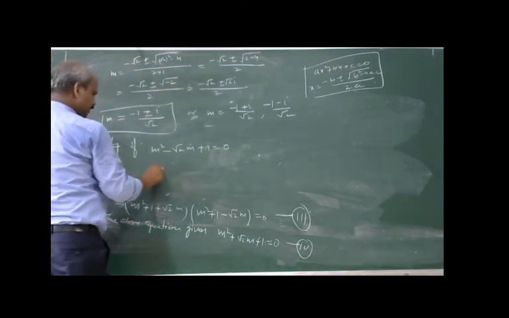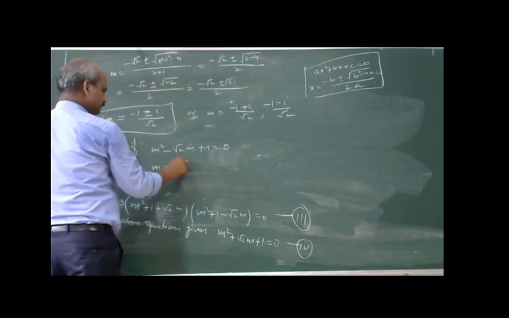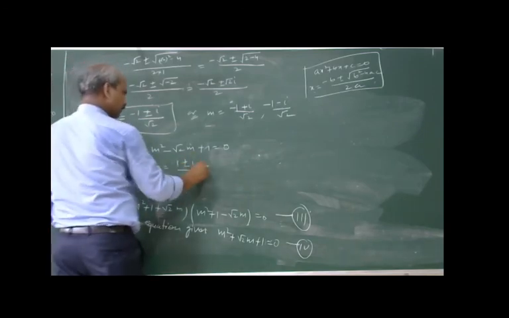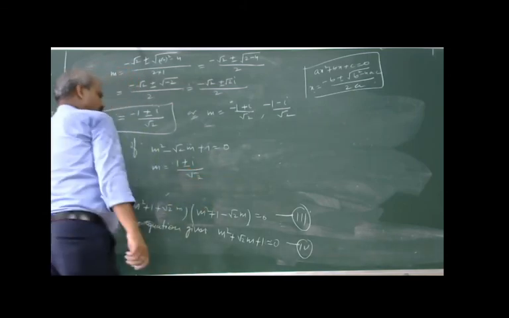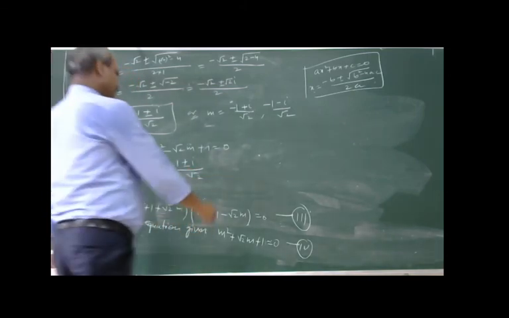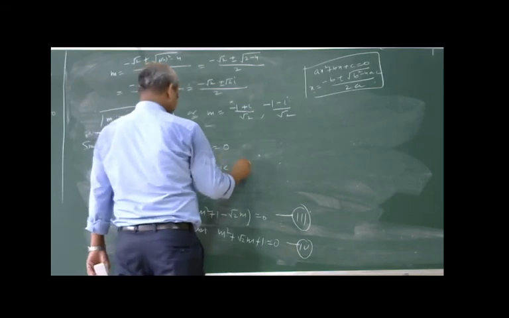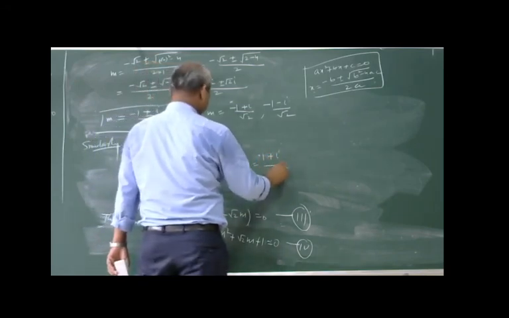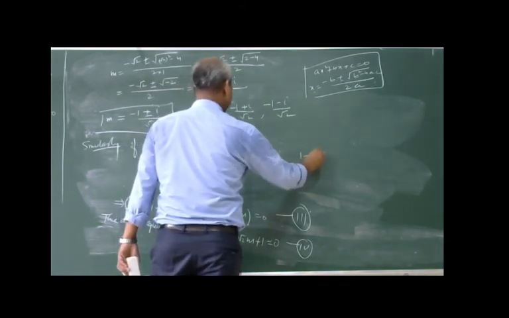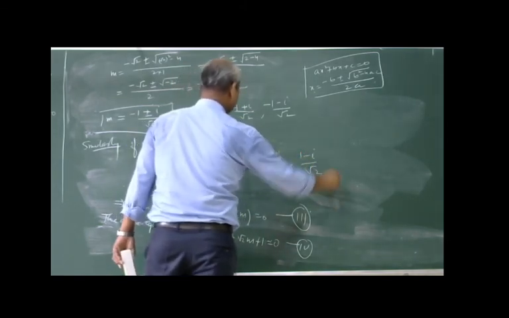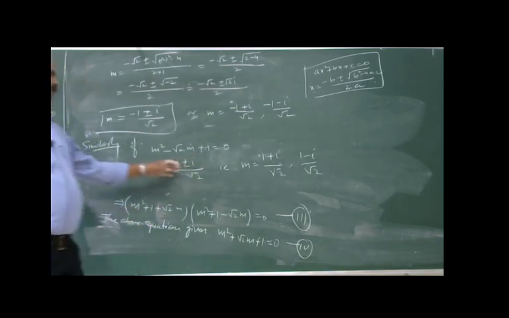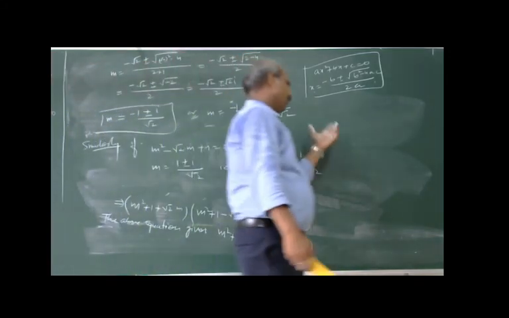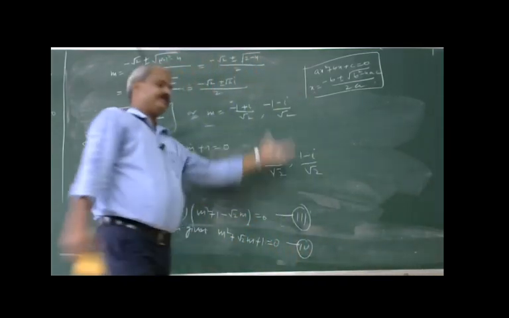Its solution is (1 ± i) / √2. That is, m = (1 + i) / √2 and (1 − i) / √2. So there are 4 roots of the auxiliary equation, and all are different.